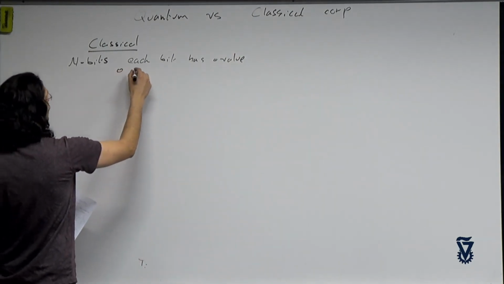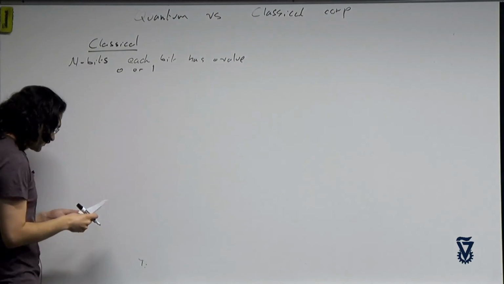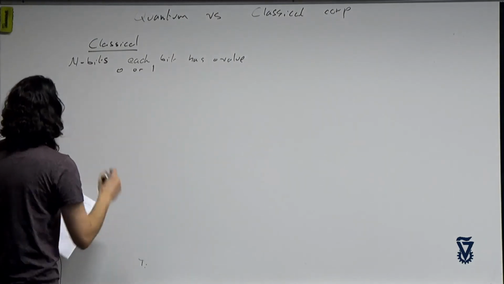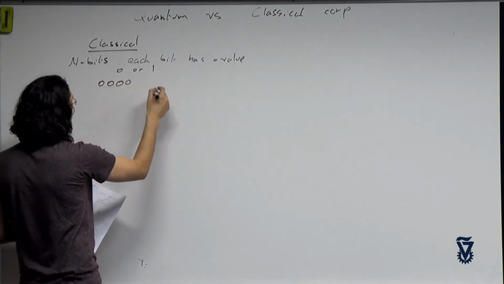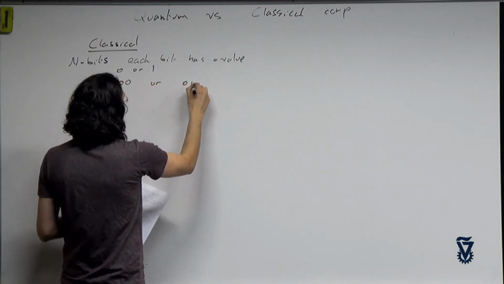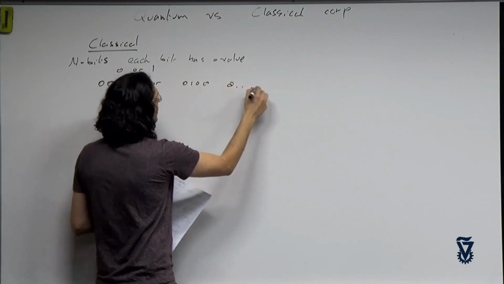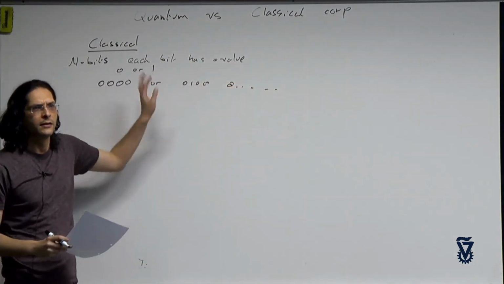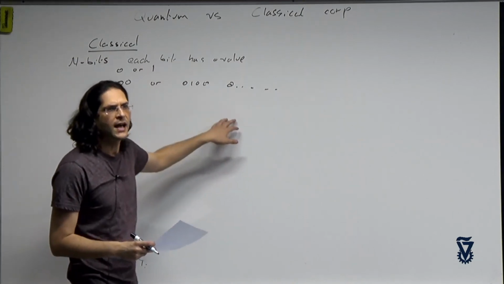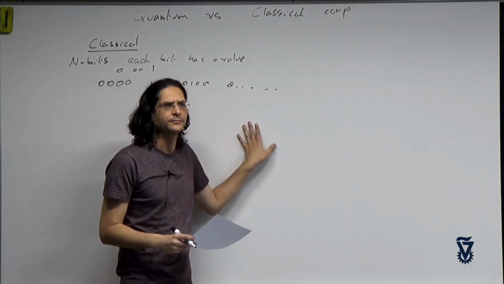And then a large register of bits would have some deterministic value, 0, 0, 0, or 0, 1, 0, 0, or whatever. And there are 2 to the n numbers that you can represent with n bits.